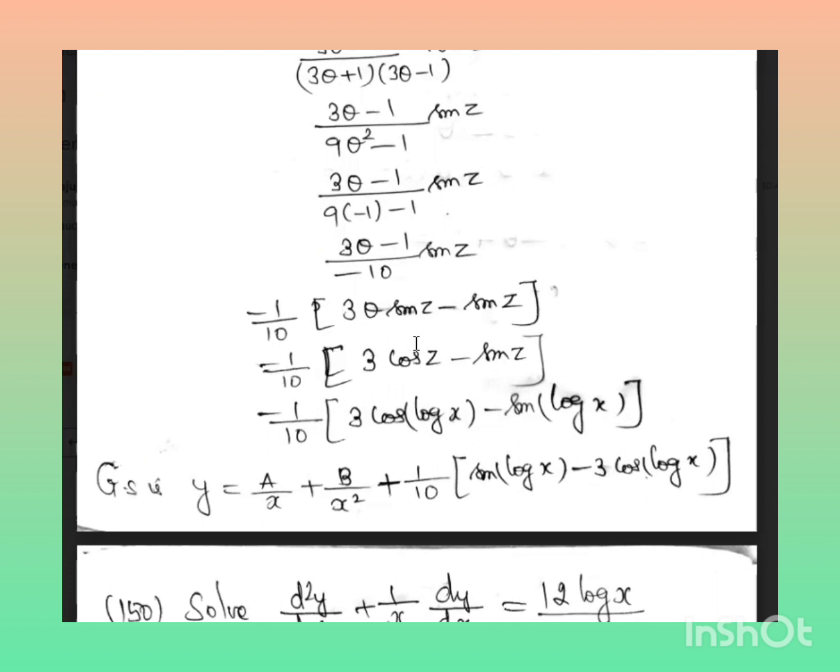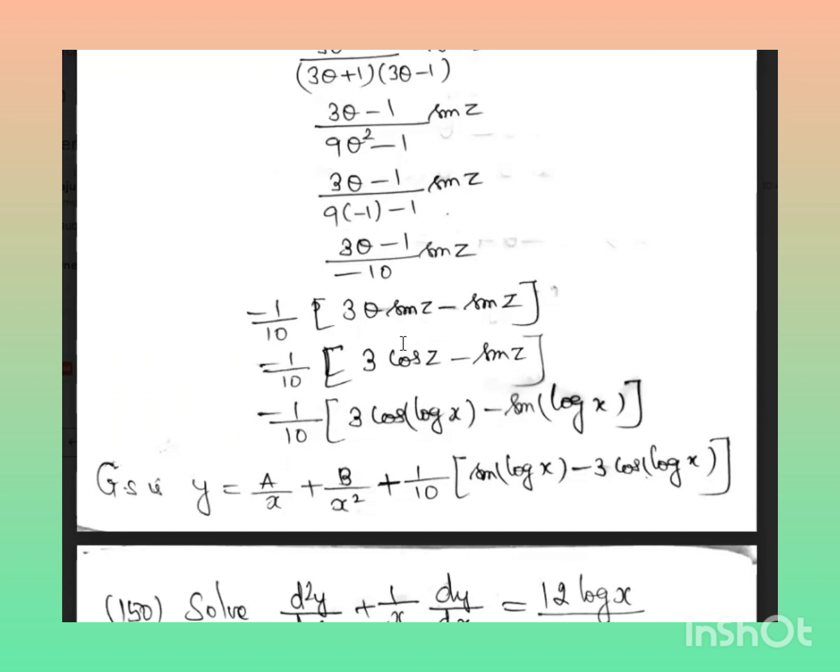What is theta? D divided by dz. So you have to differentiate one time. Theta sin z means differentiate sin z 1 time. Theta square means 2 times you have to differentiate sin z. 1 by theta means you have to integrate sin z 1 time.